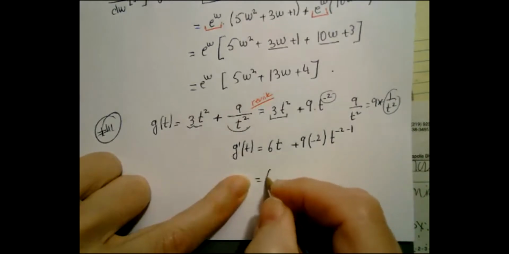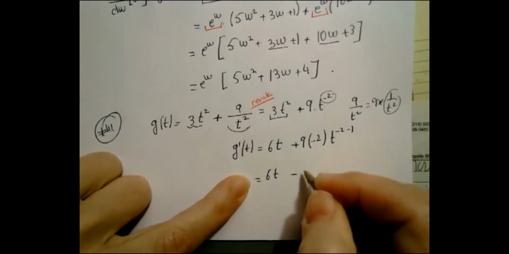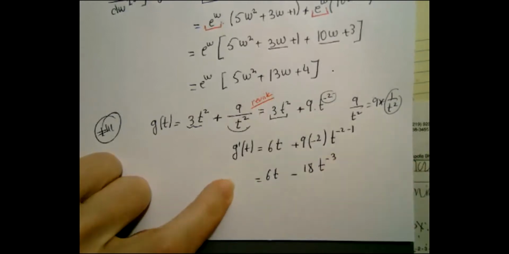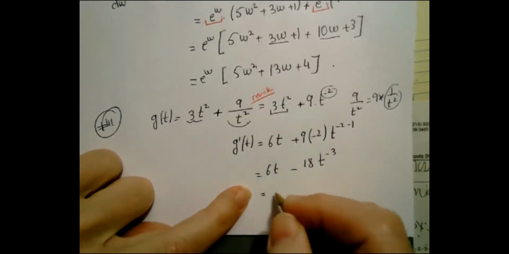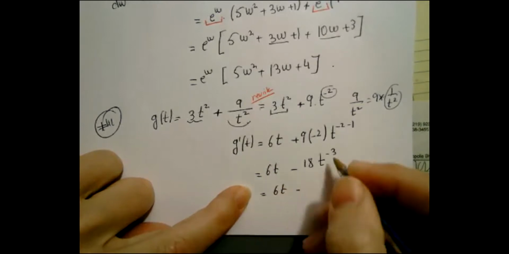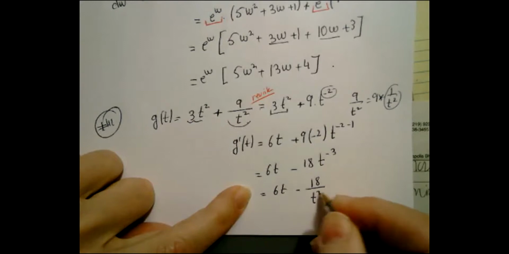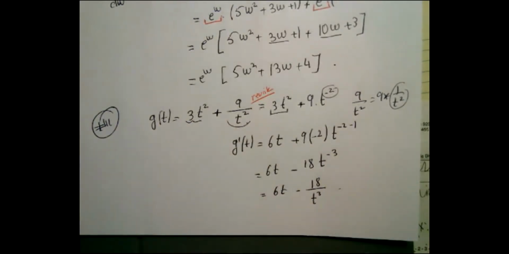So finally, I will get 6t minus 18, t to the minus 3. And finally, you can either keep it like this, or because it's such a simple expression, we can rewrite it as 18 over t to the power 3. Please ask questions as I move on if you have any difficulties.